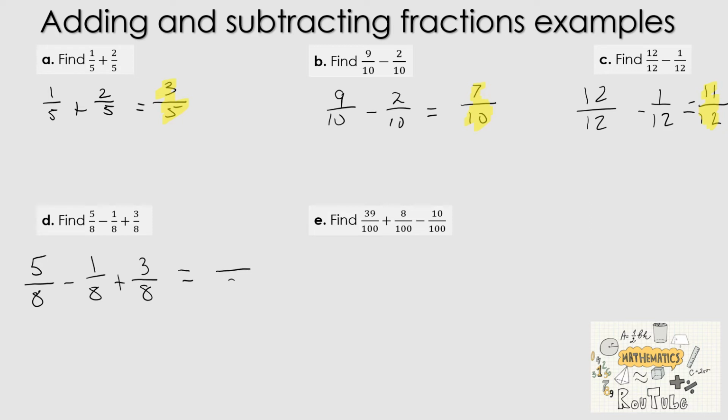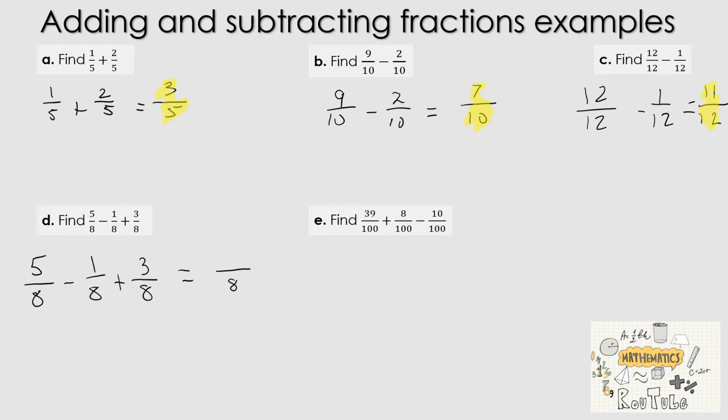That means the denominator of our answer is going to be something over 8. We don't know what the numerator is yet, we're going to do that in a second, but the denominator is definitely going to be 8. Remember, we don't change the denominator. Now we just need to add and subtract the numerators. The first numerator is 5 and the second numerator is 1, with a subtraction sign in between.